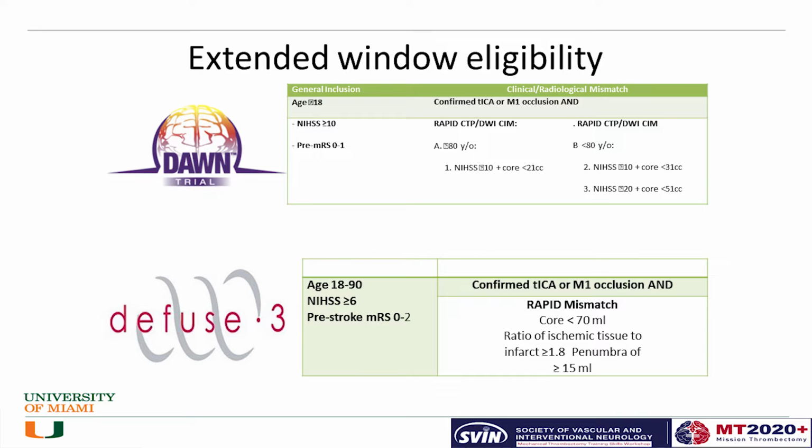So you have the eligible patient with a target occlusion, and then in that 6 to 24 hours, you want to demonstrate a penumbra. So they demonstrated a penumbra based on RAPID software. And I'll show you some of those pictures. So they had to have a core, that blood flow, that core area of infarct be small.